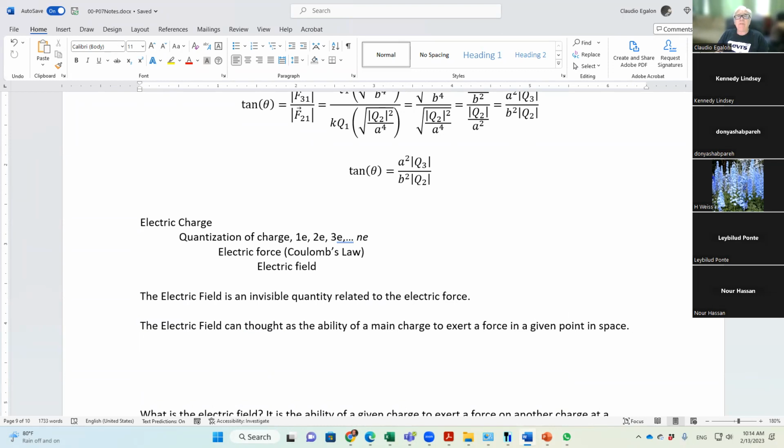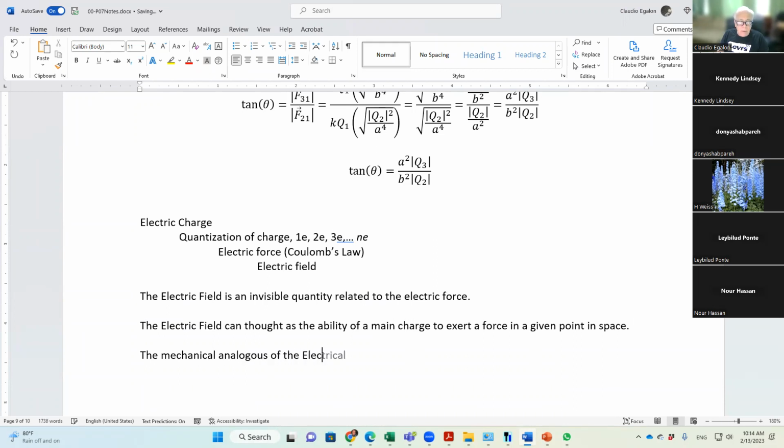you are not going to have a force at the spot, but you are going to have an electric field, which is going to be the ability of a main charge to exert a force at that given point in space. The mechanical analogous of the electric field is the acceleration of gravity that we also call the gravitational field.